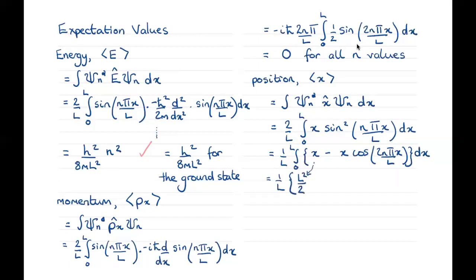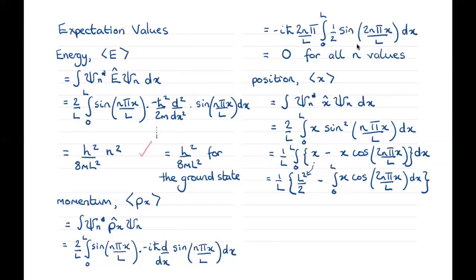I have x squared over 2 between 0 and L. And then I have an integral between 0 and L of x cosine 2n pi x over L dx, which I can either integrate by parts or recognize by symmetry that immediately this is equal to 0.